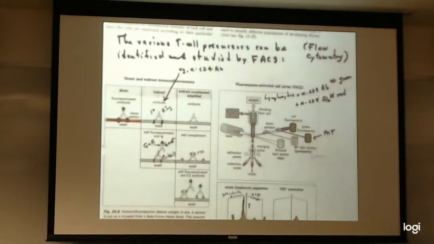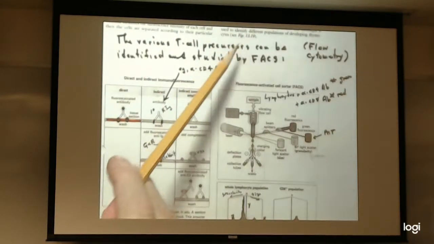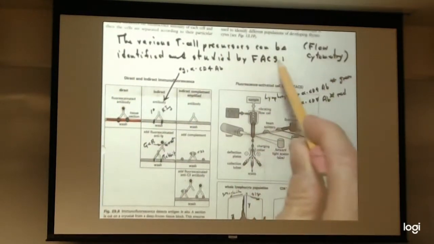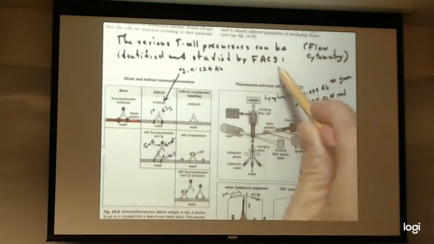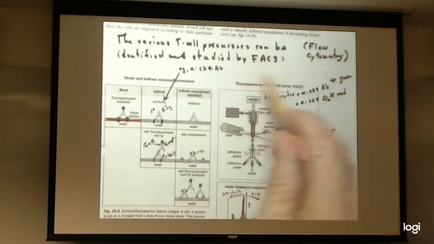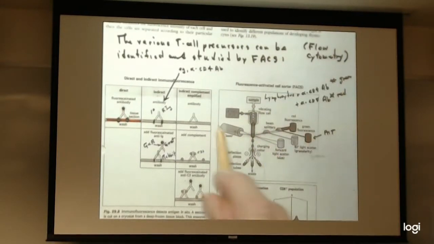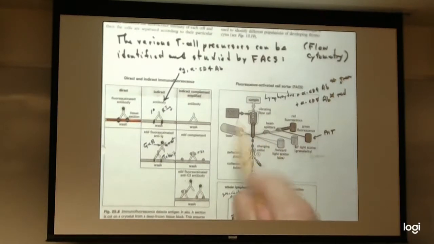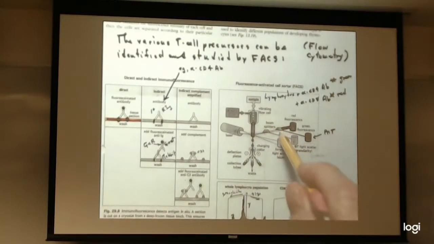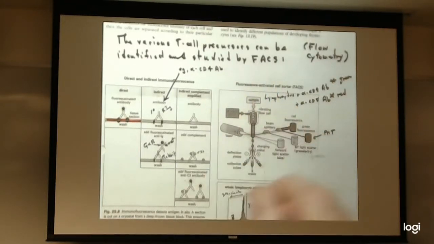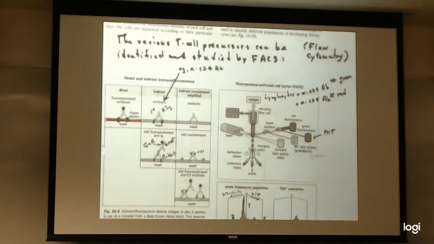So I said here that the various T cell precursors were identified and studied by fluorescence activated cell sorting, FACS. Now, in FACS, in cell sorting, using laser lights and fluorescent antibodies, we were able to identify a population of cells, cell by cell, and recognize that cell as expressing CD4 on its surface or CD8 or whatever.